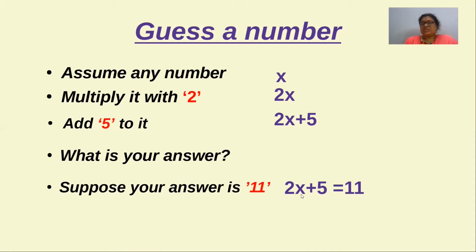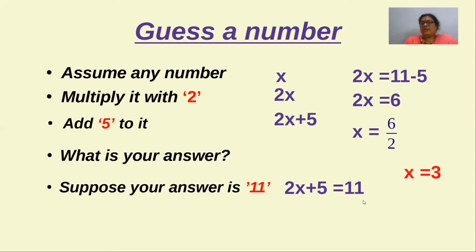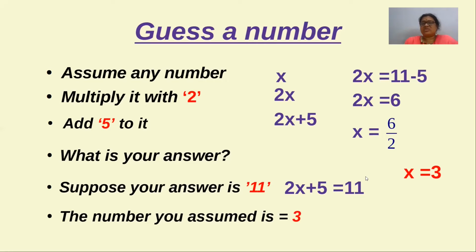When you see the x, it is a variable and the 5, 11 are the constants. So you can take the 5 to the other side and it will become minus, and 2x is equal to 6, x is equal to 6 by 2, and you will get the answer as 3. So the number you have assumed is nothing but 3.